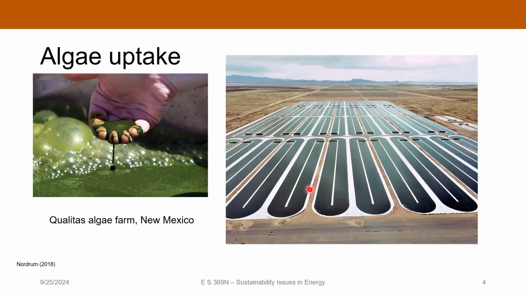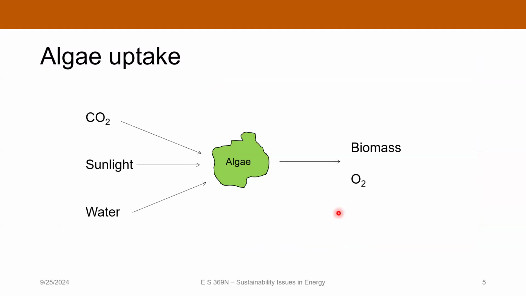But you can also imagine having a CO2 stream from some kind of direct air capture system go in here and enhance the rate at which the algae works. The basic way is very simple. Algae is a plant, so they combine the CO2 and water with sunlight, and they go through photosynthesis. What comes out is oxygen and then biomass. The biomass is what's really useful here.